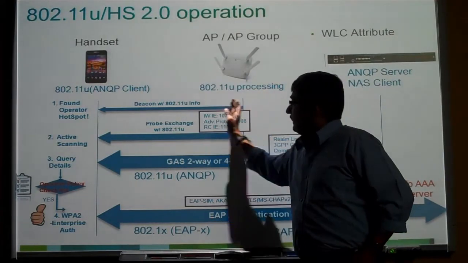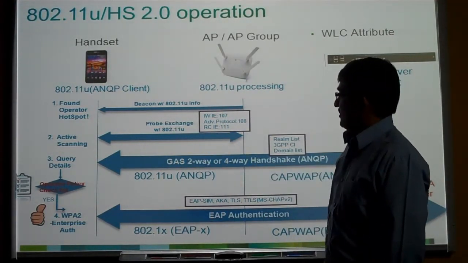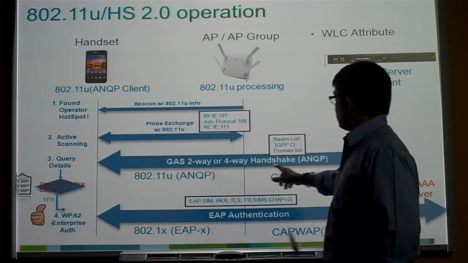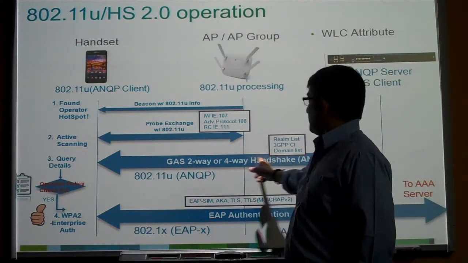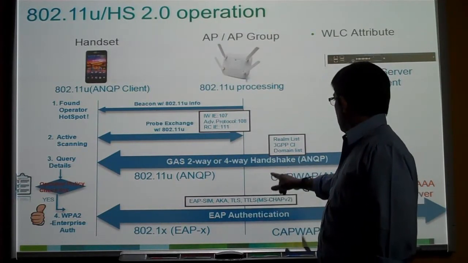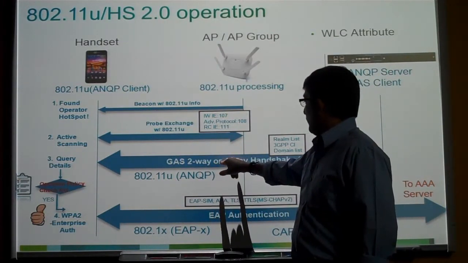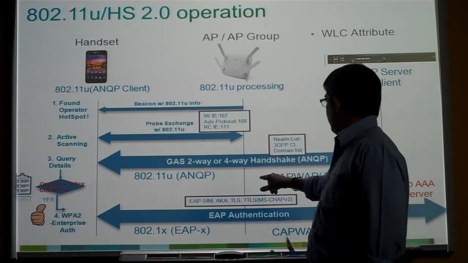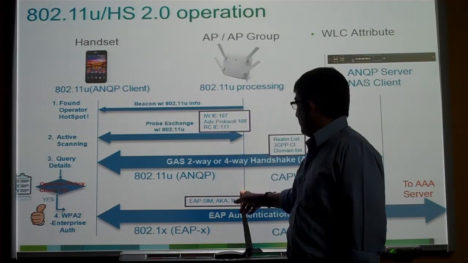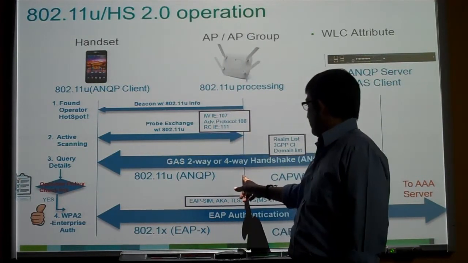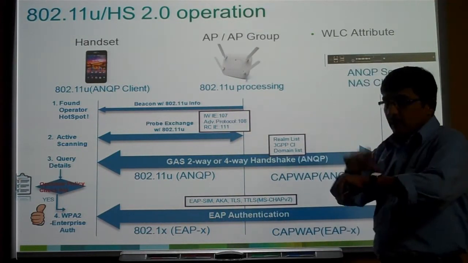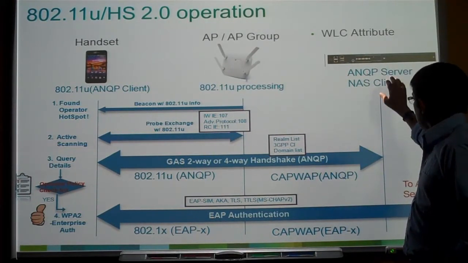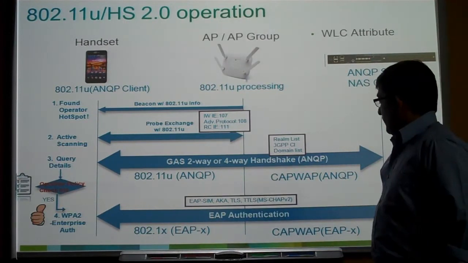So the 11U info is given to the handset, which checks that, and then using the ANQP mechanism, a two-way or a four-way handshake takes place, and then from the AP it is ANQP, and then it is encapsulated and sent to the ANQP server or NAS client, which is the WLC.